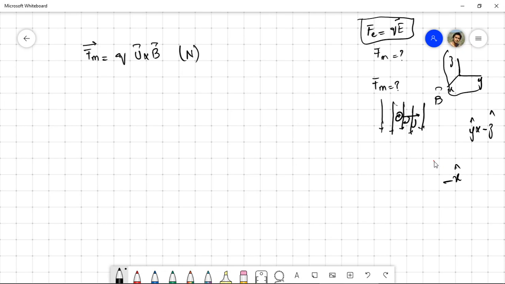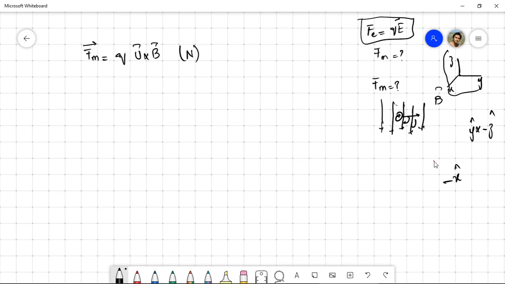This was the simplest example that I could give for you to understand how to figure out the direction of this magnetic force. So for any positively charged particle, the direction of the magnetic force will be in the direction of u cross b, which is perpendicular to the plane containing the velocity and the vector b.